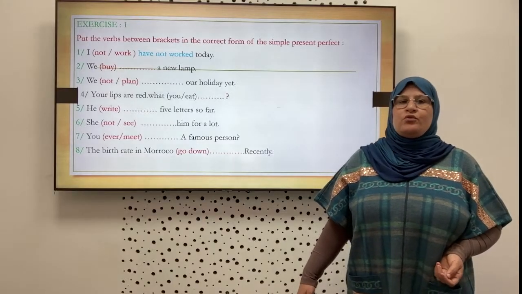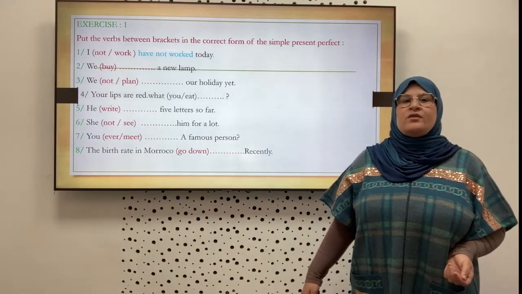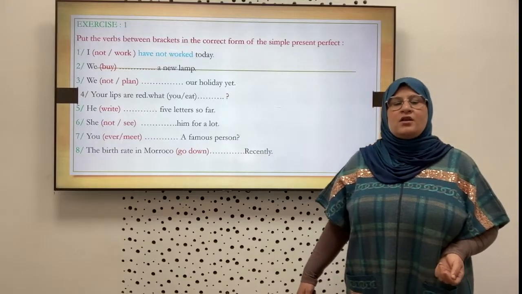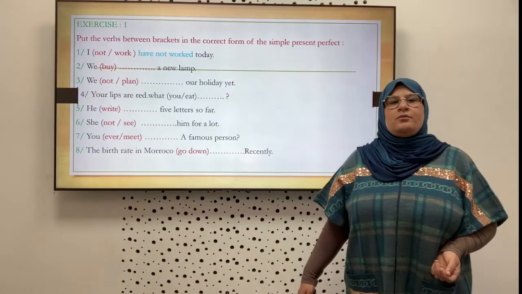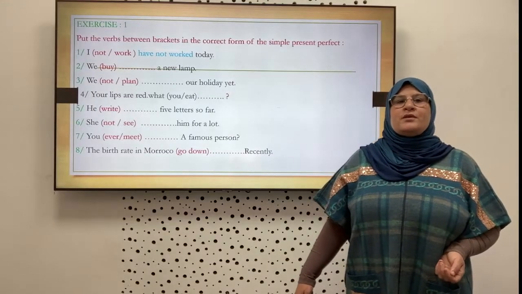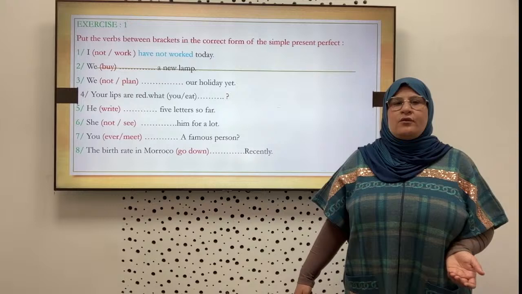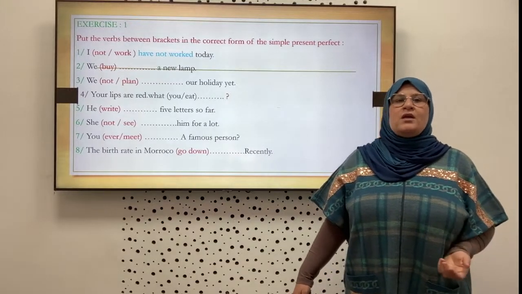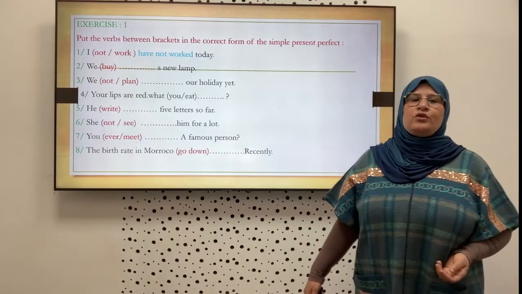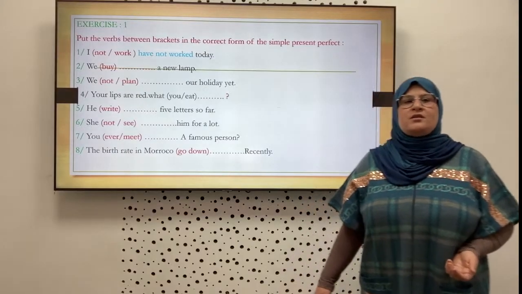So subject pronoun we. We can say we haven't planned our holiday yet. The verb to plan is a regular verb plus ed. Okay, example number 4, your lips are red. So what have you eaten? This is an interrogative form, so auxiliary have or has, plus subject pronoun, plus verb in the past participle.